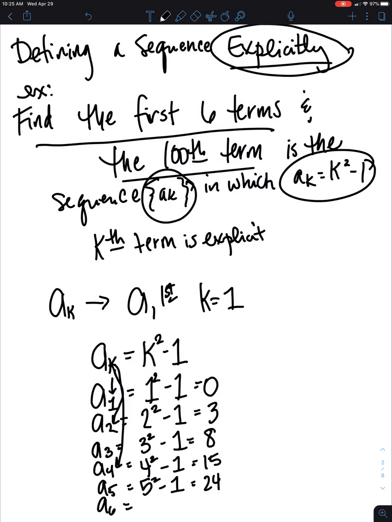And then the 6th term, because it told us to find the first 6 terms, would be 35. So here are the first 6 terms of your sequence.